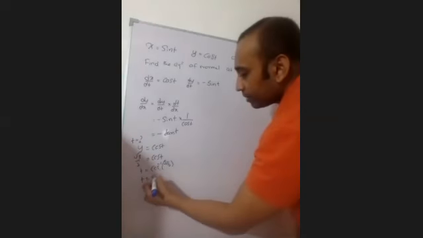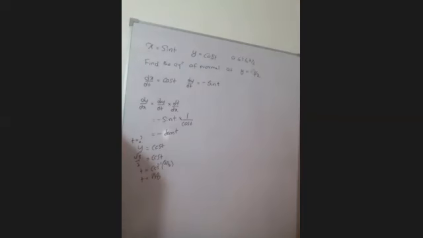Then the gradient equals minus tan pi by 6. You cannot take the other angles because they have given the condition that t is between 0 and pi by 2.